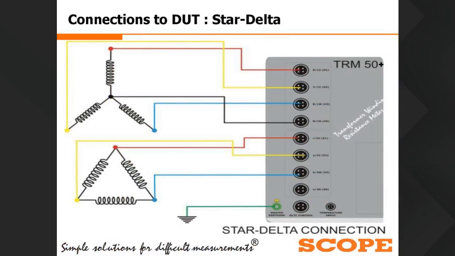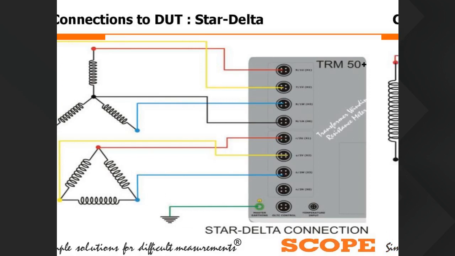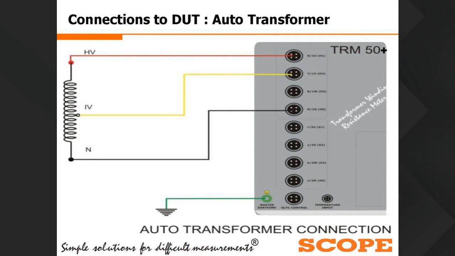Similarly, for star-delta, we need to connect all the connections, that is RYB neutral to the primary and RYB to the secondary of the delta. Likewise, if an auto transformer is there, we can also measure the resistance of HV to IV, IV to neutral, and HV to neutral.